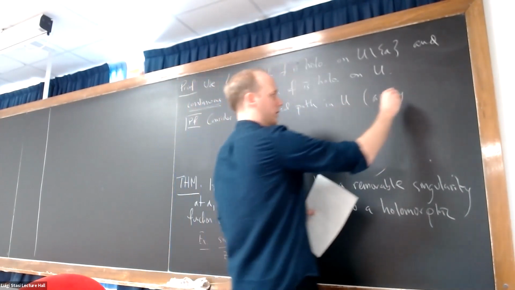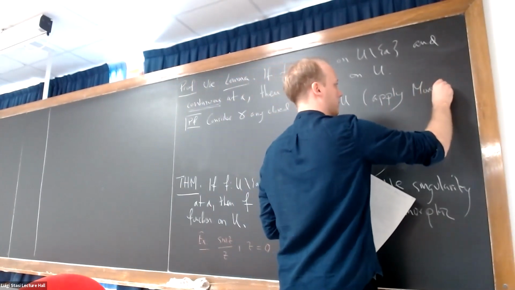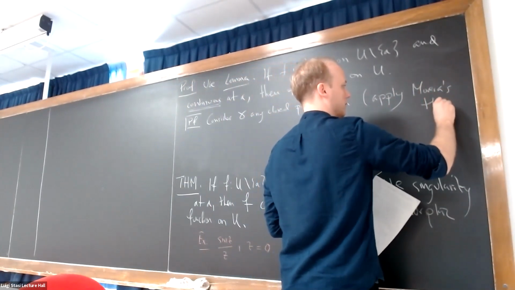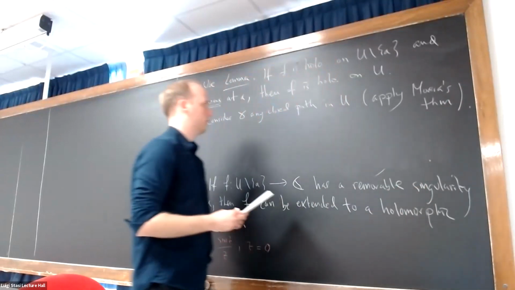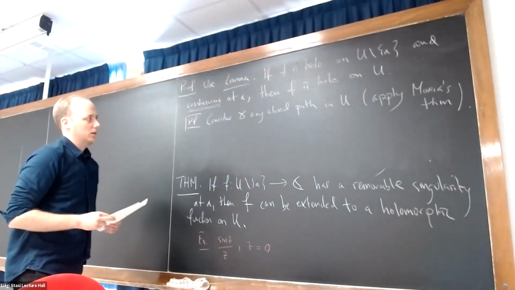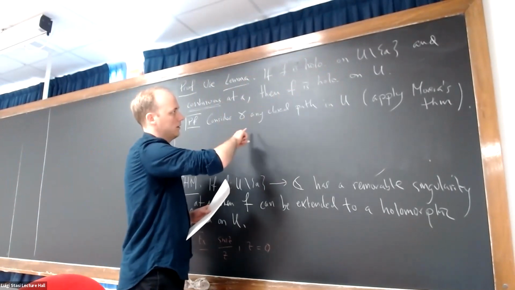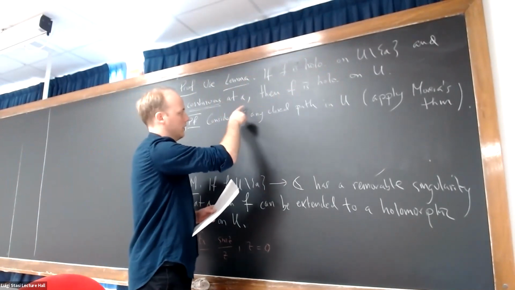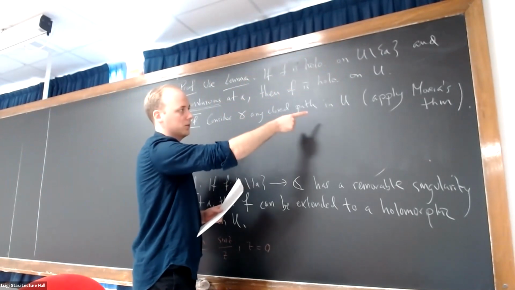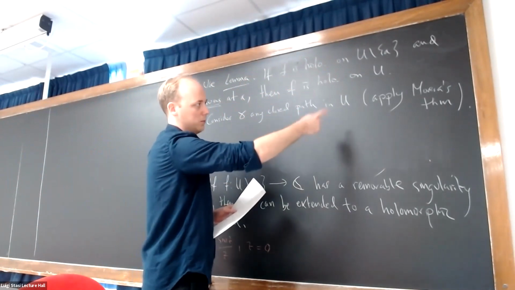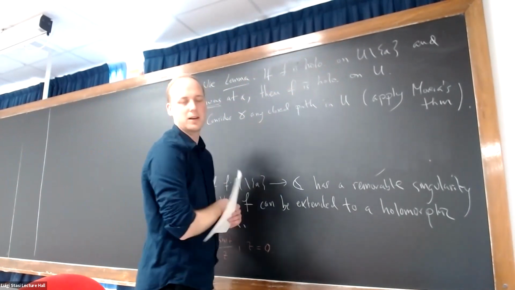Well, we want to apply Morera's theorem. So this is the idea. We want to show that if this condition of the lemma holds, then the integral along any closed path in U is 0, and then by Morera's theorem, we're going to conclude that f has to be holomorphic.